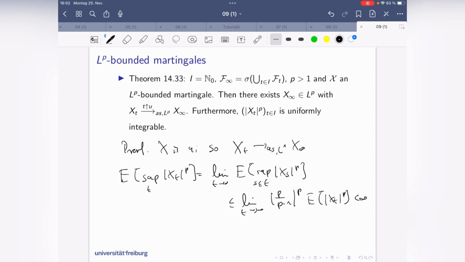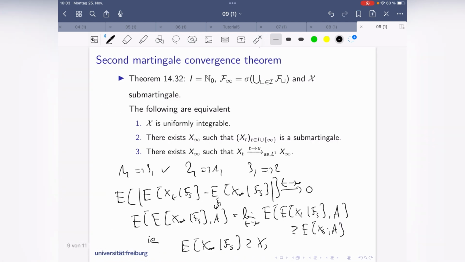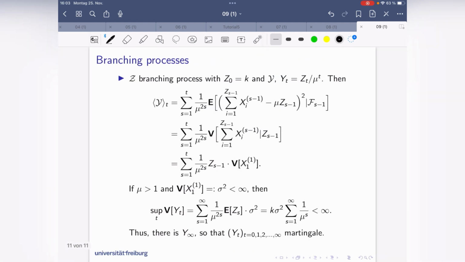So we have just shown xt to the power of p is uniformly integrable. And I can use the other result, and therefore I know also about LP convergence. Okay, we're almost done. Just one last example, again on branching processes.